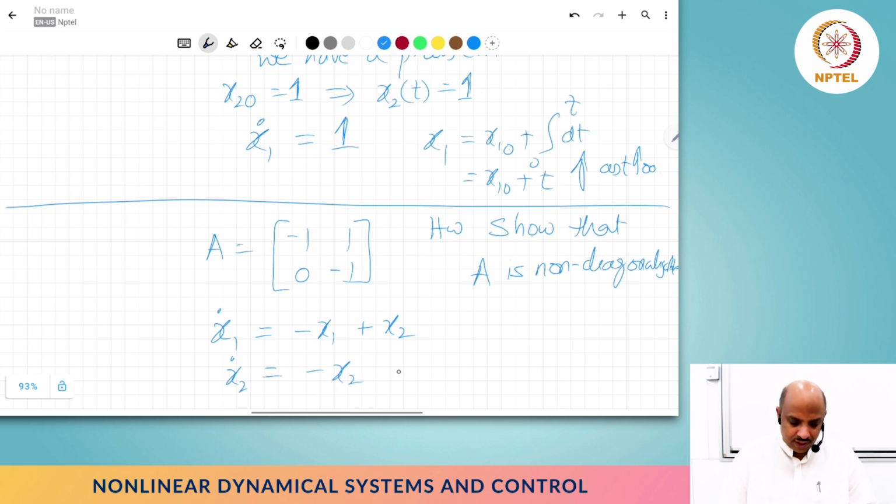So this implies x2 of t is some constant times e raised to minus t, and x1 dot, after manipulation, you will get something like basically x1 of t is going to be equal to e raised to minus t times some integral, right? The only question is whether that integral is going to be bounded or not compared to this, and then whether this is going to go to 0 or not.